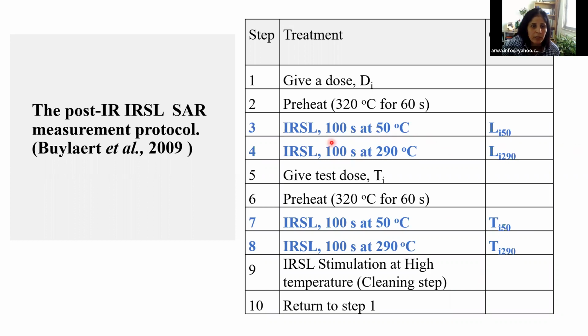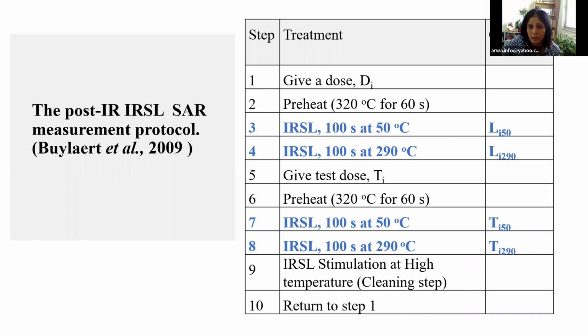That means stimulating first the luminescence, natural or regenerated, at low temperature around 50 centigrade, and this is called the IR50. And then stimulating using a higher temperature like 290, and this is called the IR290. Then giving the test dose, which is fixed in all cycles, and repeating the stimulations at the two different temperatures.